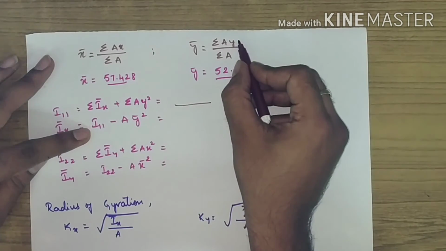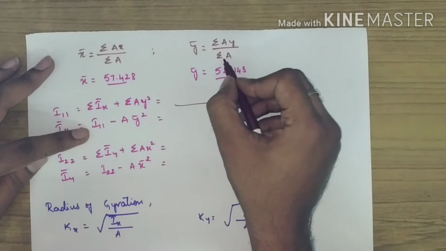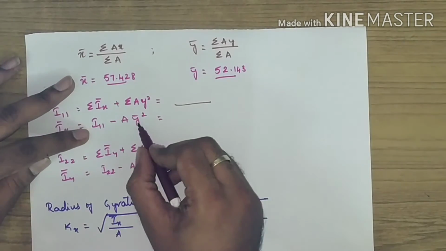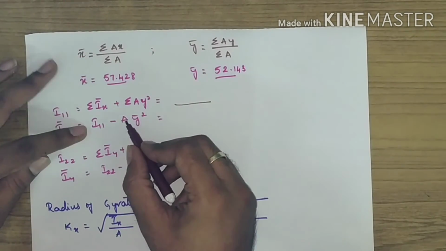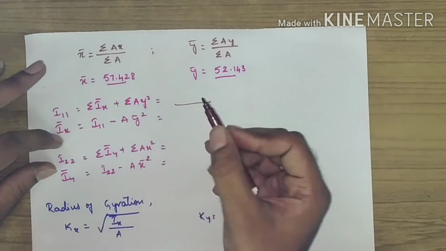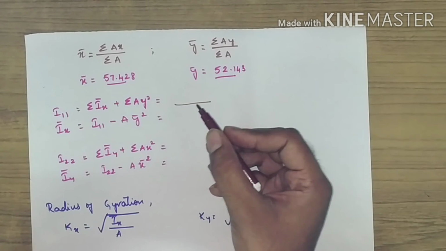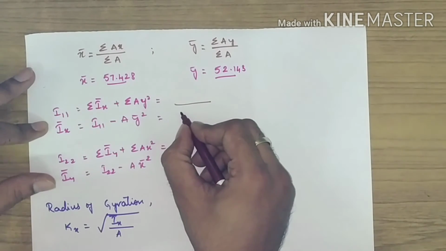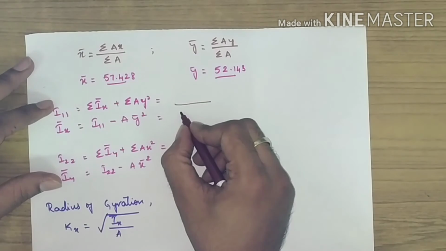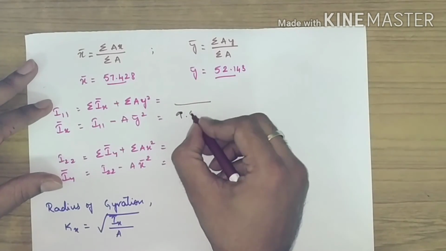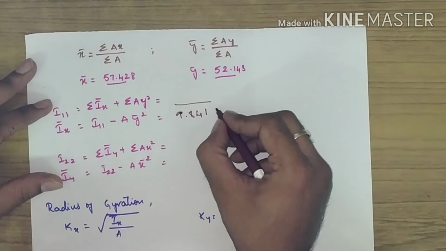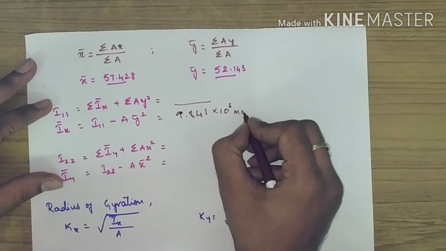Y bar is again summation of ay divided by summation of a. If you square that and multiply by area and subtract the whole thing from I11, you'll get ix bar. And the final value of ix bar you will get as 9.841 into 10 power 6 millimeter to the power of 4.